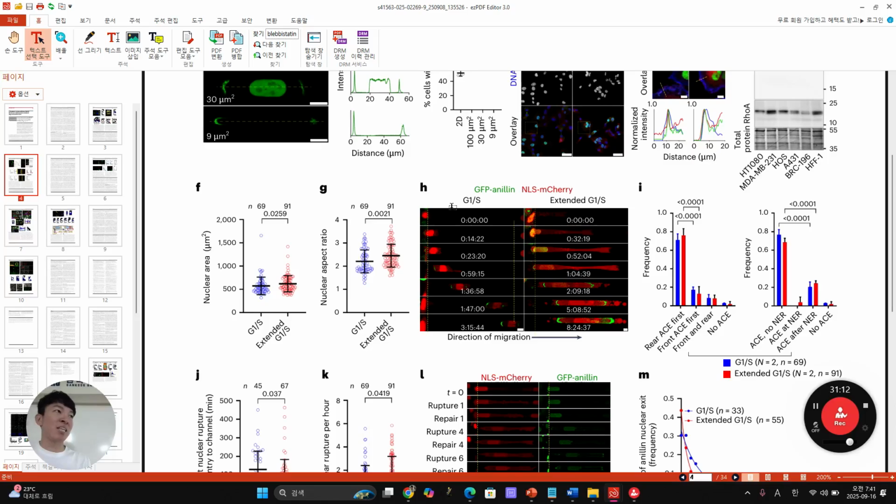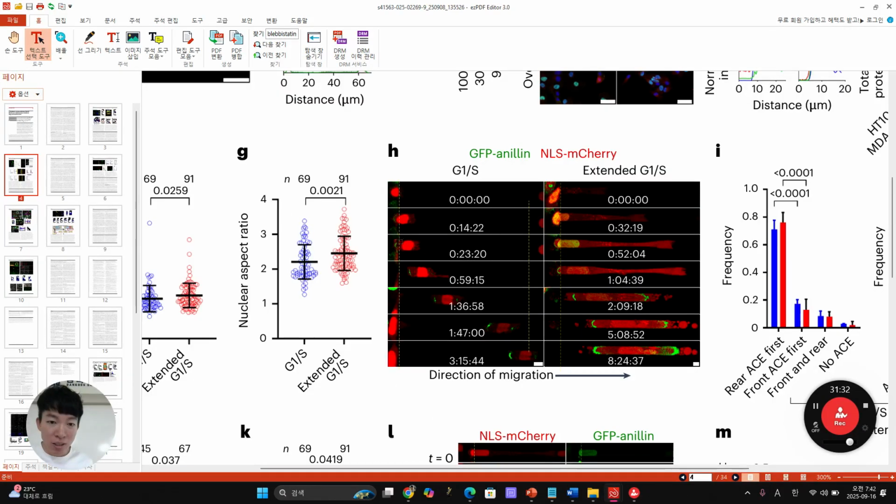So all the proteins designed to go in the nucleus should have an NLS. And they checked the red one here; most is in the nucleus, but let's say 1 hour later, some dim NLS signal has leaked. And as you can see, anillin is detected at these edges, here, here, here.